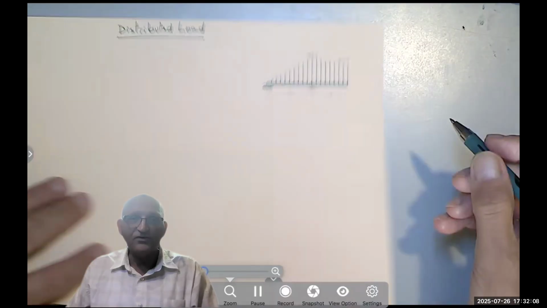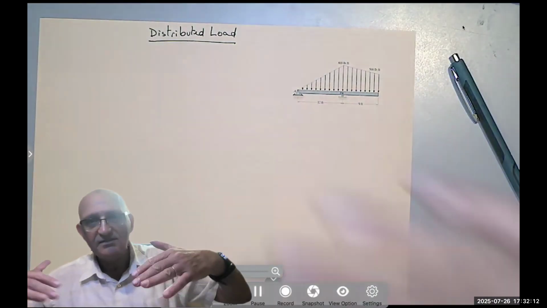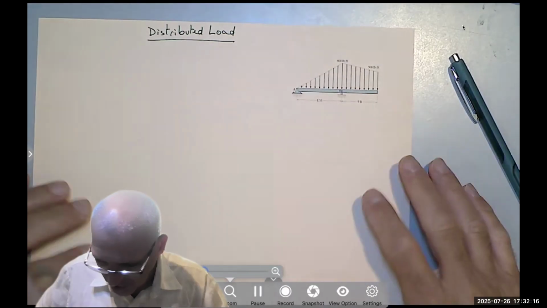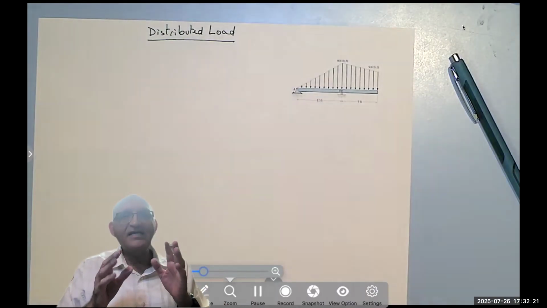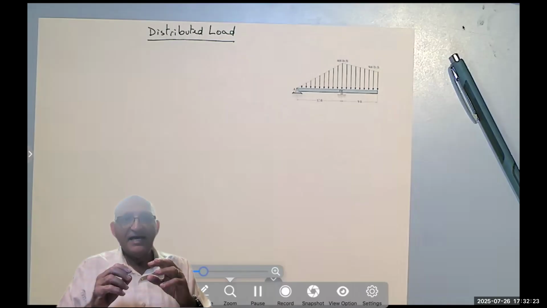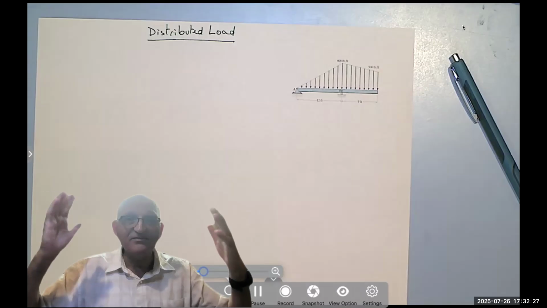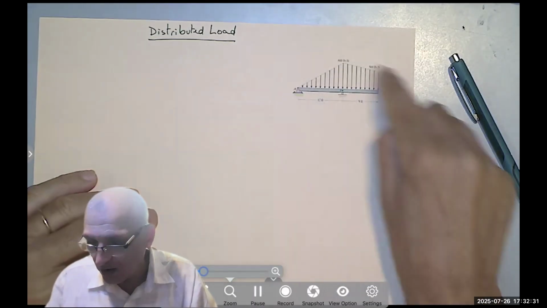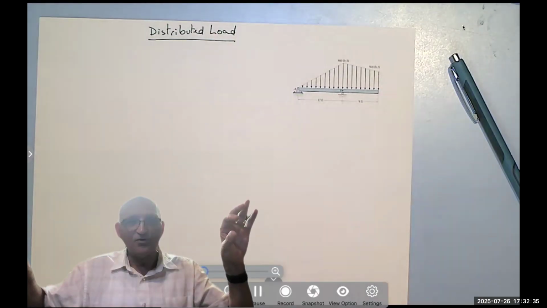A distributed load is a load that is distributed over a beam or something, maybe due to snow that fell on a roof, but it's not a load that is, for example, the weight of a beam. It has different heights, okay? Or if you are building a wall and the wall has that shape, so it's not really distributed uniformly.